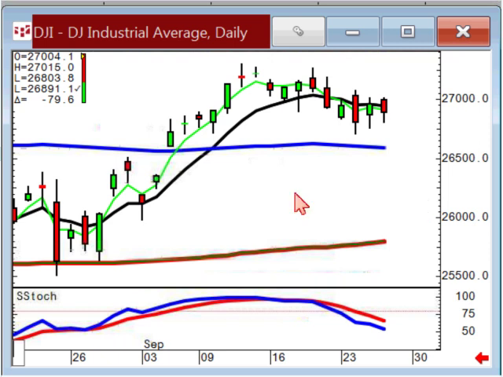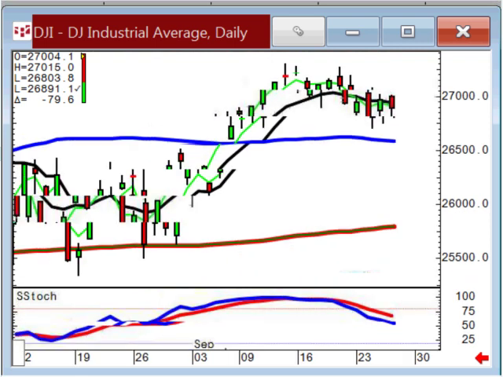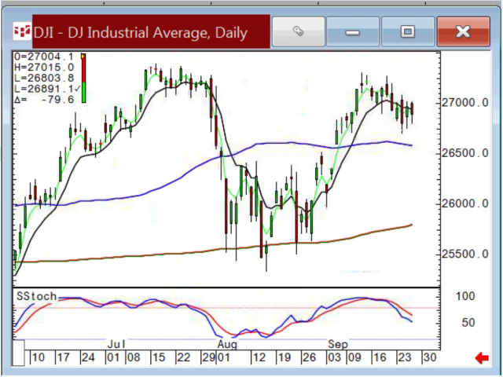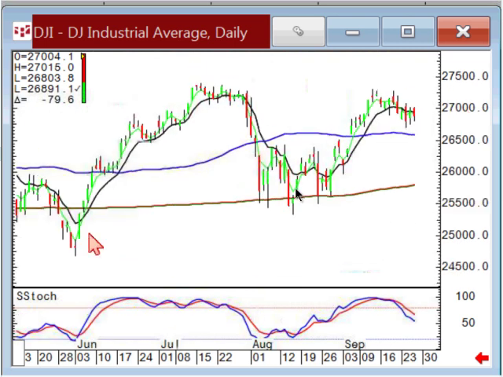Now, the nature of the market, if I can make this small enough, usually what we can do is pretty much calculate that when we hit a bottom, it moves up. And then when it hits a top, it moves down. But notice what's happening here recently.